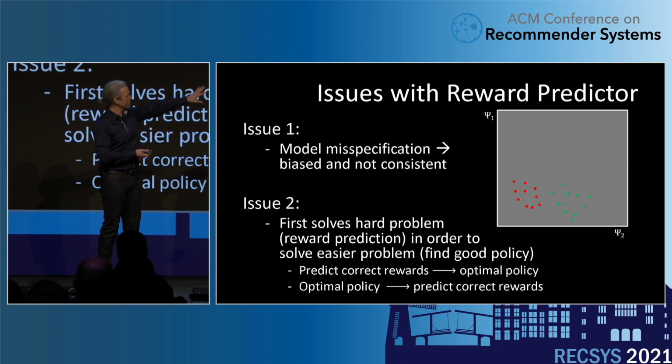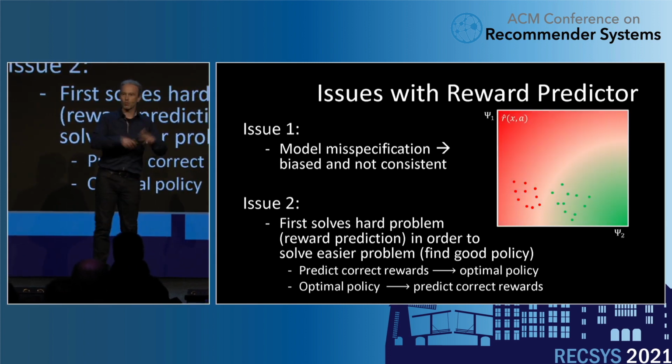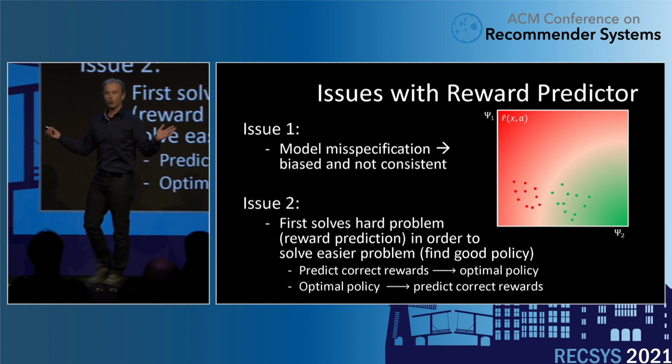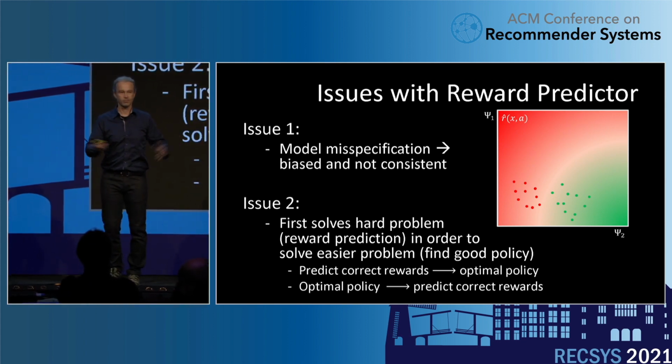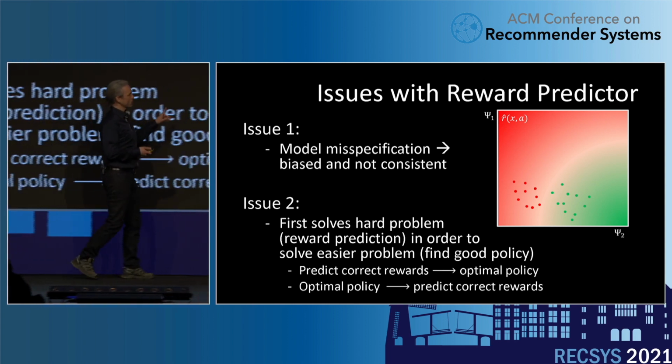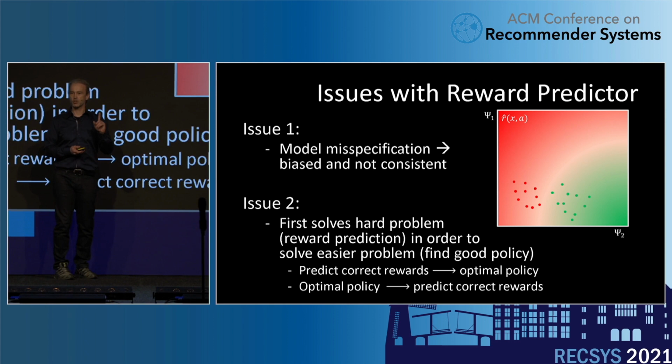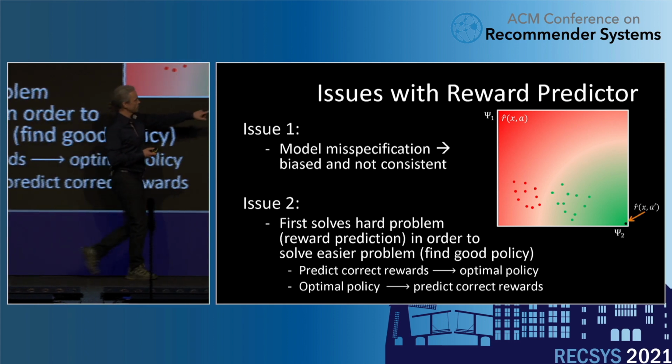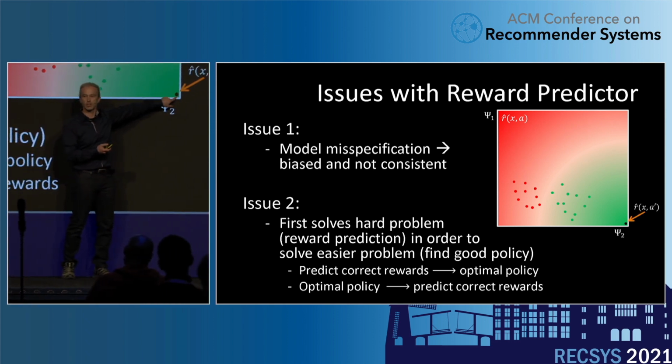And we have these reds and these greens, and this is how our reward predictor imputes over the whole possible action space, right? And now what we're doing is, we're saying, let's pick the action that has the highest predicted reward, which is the greenest action down here in the corner, right?